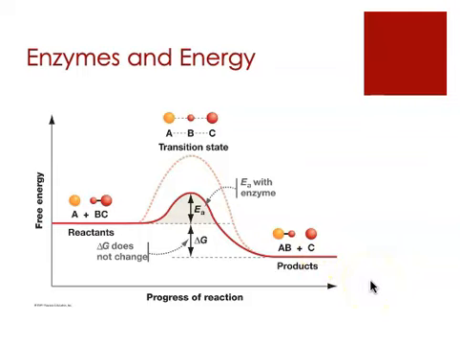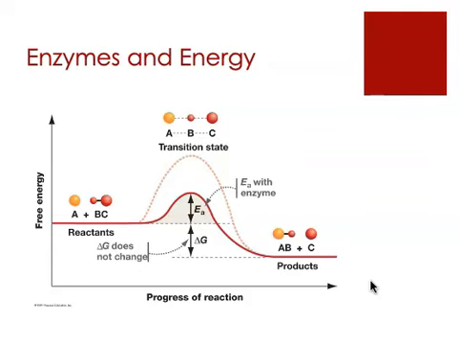Just understand that in any complex metabolic reaction, if overall energy had to be pulled into the reaction to make it happen, we call that endergonic or anabolic. Overall, if energy was released from the reaction, we call that catabolic or exergonic.